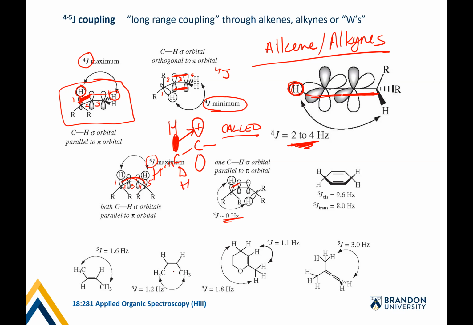So you don't see that really at all. So when you've got pi systems, you can sometimes see really, really long range splitting between protons that are far away. This is far more common, like seeing the proton next door, 1 Hz, something like this. So 1, 2, 3, 4, J4.